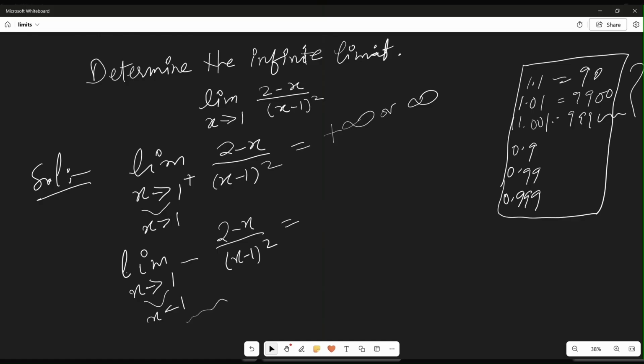And now let's look at this function as x is approaching from the left hand side, getting closest to 1. Let's start with 0.9.